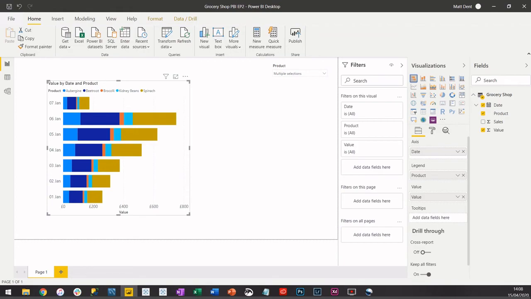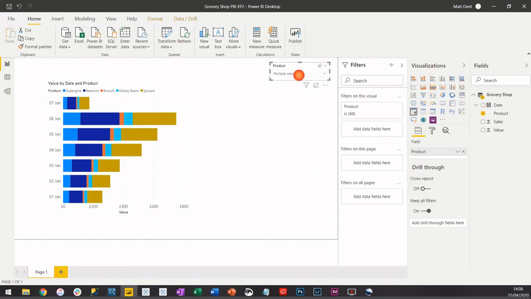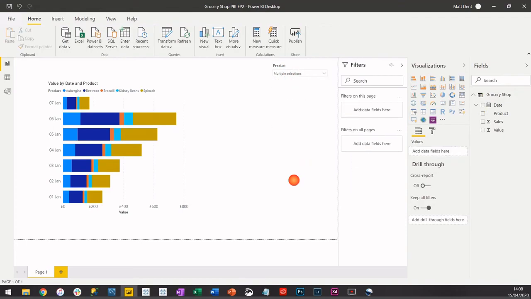So spatial is thinking geographically, so maps, and flow is how things can change and interact with each other. We've also looked at using filters to filter out exactly what we want to be seeing. We're using one filter here, but of course you can use multiple filters to interact with your visuals.